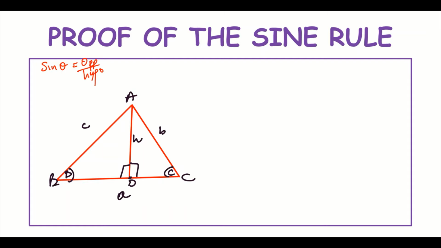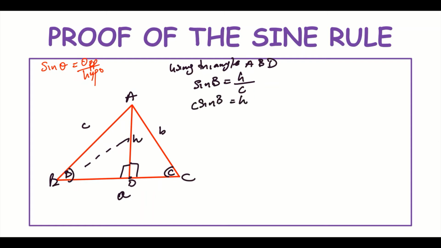Using triangle ABD, we can see that sine B is equal to the opposite, which is h, over the hypotenuse, which is c. Now we want to find h, so h is equal to c sine B. That's our first equation.